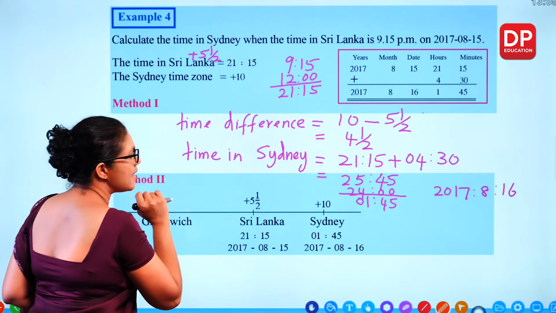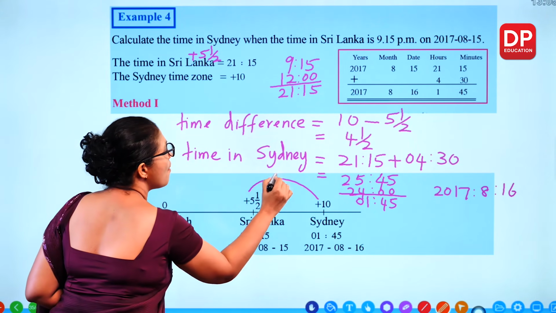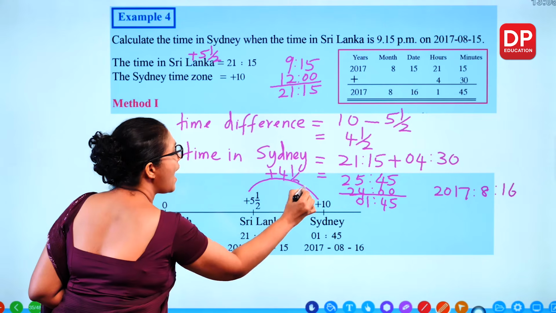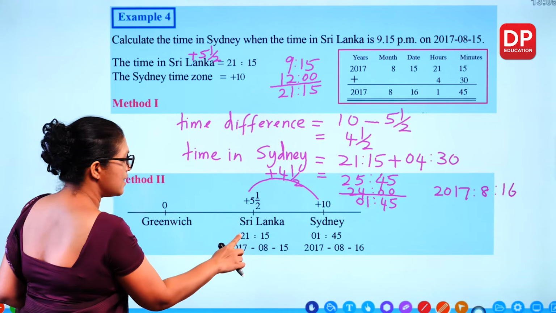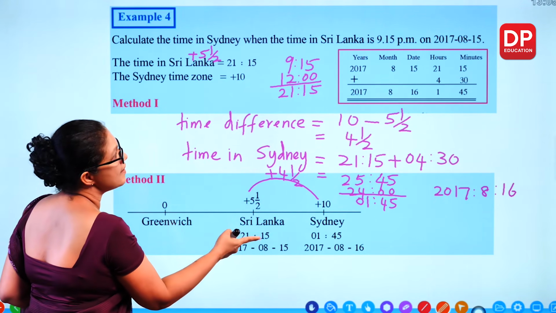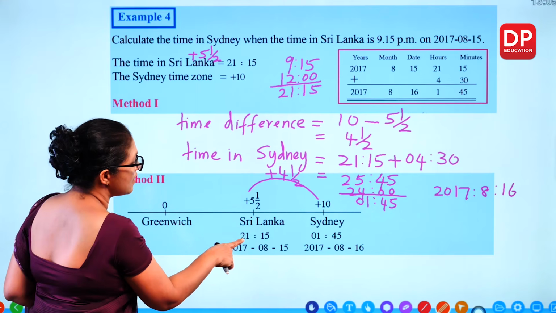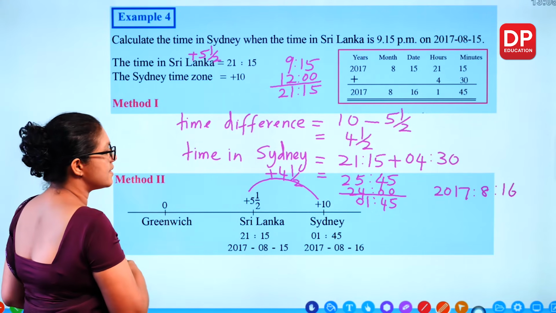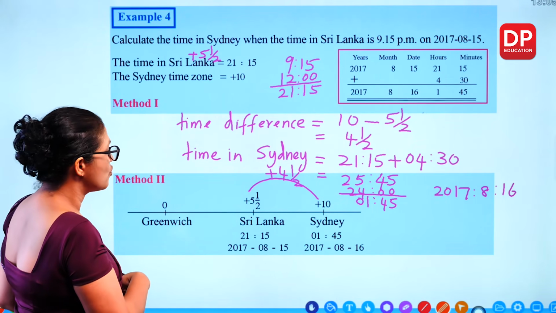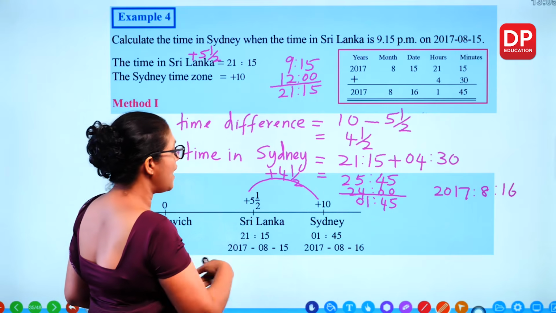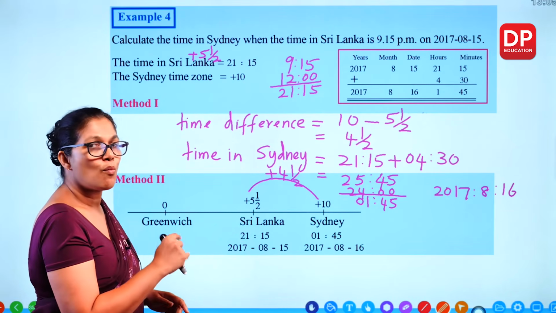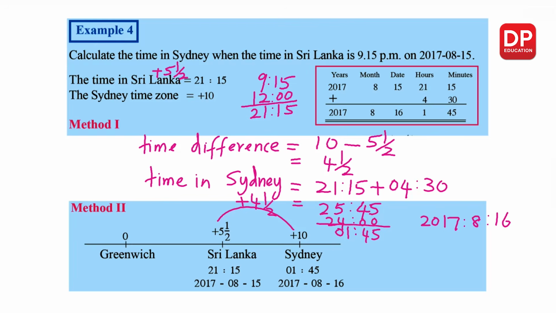Sydney is 10. So the difference is 4.5. So you have to add 4.5 to that. So 21:15 is the standard time. You add 4.5 to that, and you get 1:45. That's next day 1:45 hours.